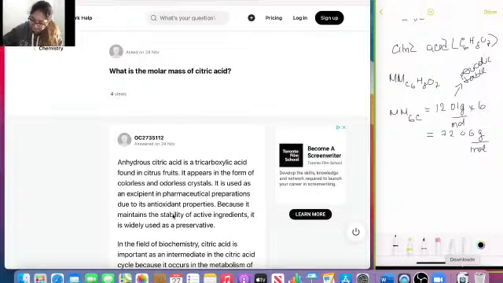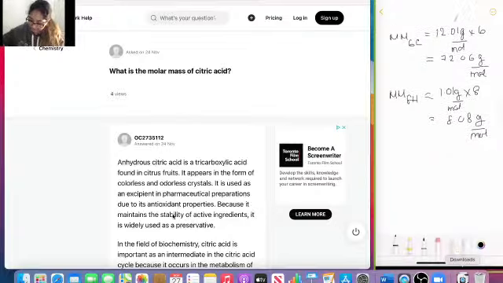The molar mass of this individual element is given in the periodic table. Then we should calculate hydrogen. We have 8 hydrogens, and the molar mass of one hydrogen atom is 1.01 grams per mole. You multiply this by 8 and you get 8.08 grams per mole. The next step is to find the molar mass of 7 oxygen atoms.